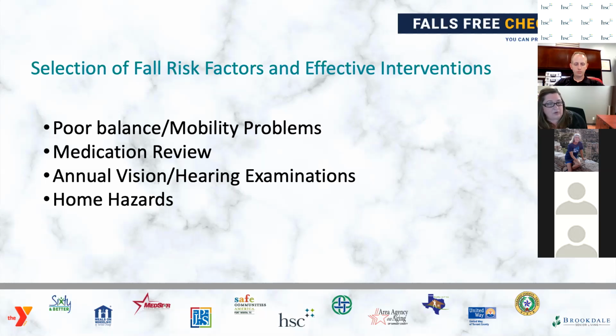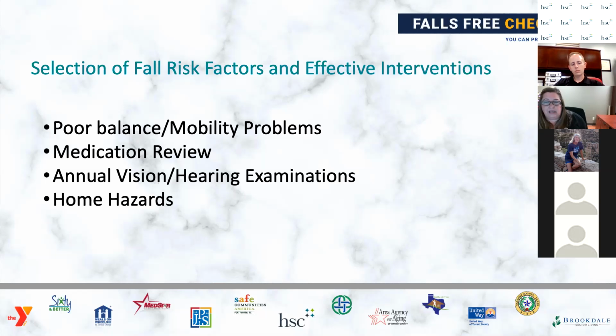Another thing that is recommended in the STEADI Toolkit is that you receive annual hearing and vision examinations. We know that older adults' vision can change on a yearly basis, and cataracts can develop.